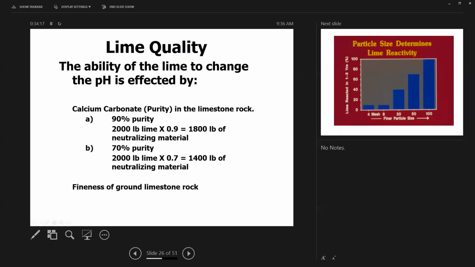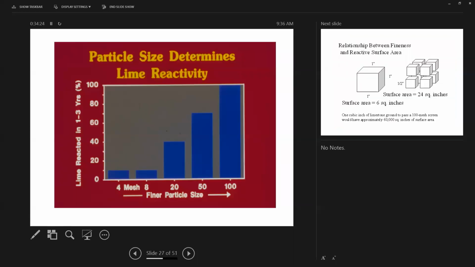So this talks about the purity, but then it also comes into the fineness of the grind. How fine is that limestone ground? Particle size determines the lime reactivity. These are mesh sizes, particle size as described by mesh sieves.